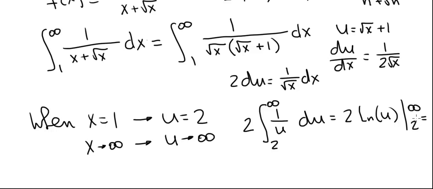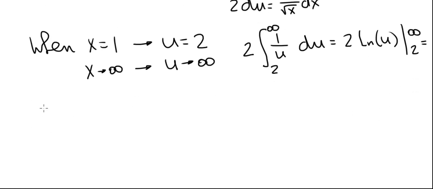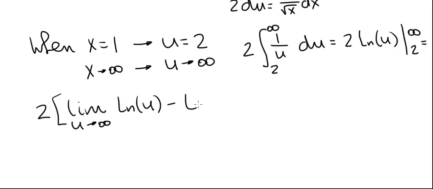And of course from here you can see that this is 2 times the limit as u goes to infinity of ln of u minus ln of 2, but the limit as u goes to infinity of ln of u goes to infinity. So this is approaching infinity, and the integral diverges.